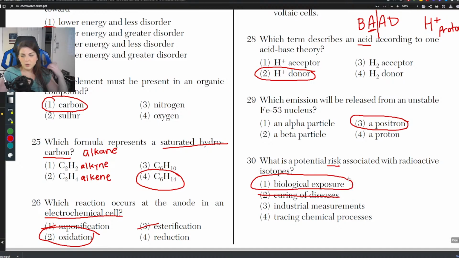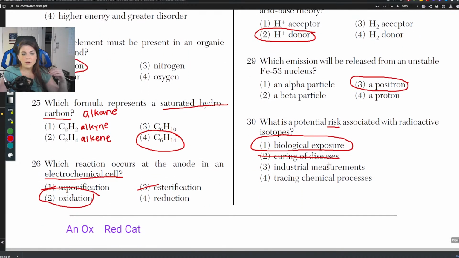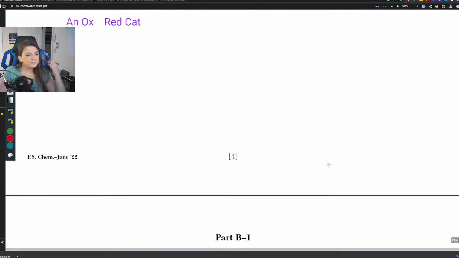We know that radioactive isotopes can cause cellular damage, and if you have enough cellular damage and your body doesn't fix it, then you can get different types of cancers and other diseases. So radioisotopes can be really good if they're used strategically, but thrown around too casually, not good for us.